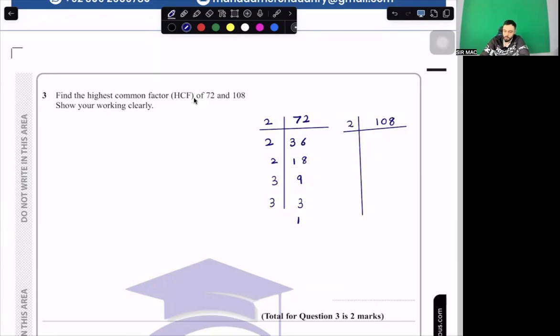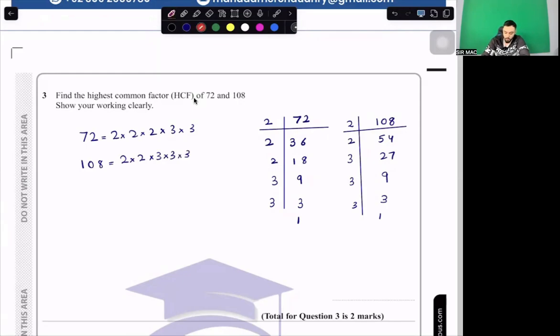Okay, so 2, 54, 2, 27, 3, 9, 3, 3, and 3, 1. So 72 can be written as 2 times 2 times 2 times 3 times 3, and then 108 can be written as 2 times 2 times 3 times 3 times 3.